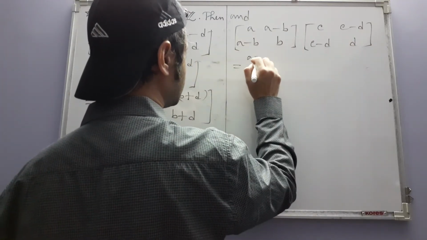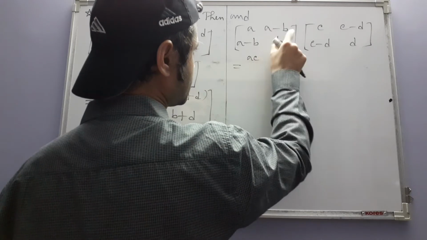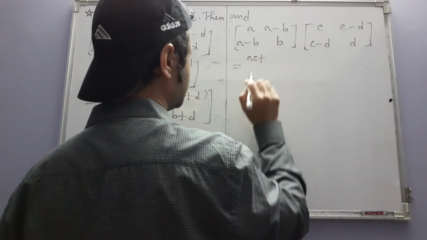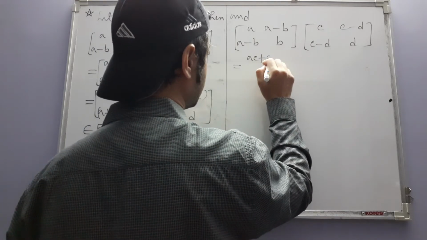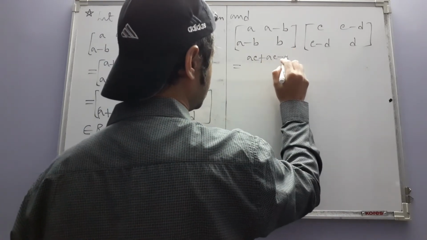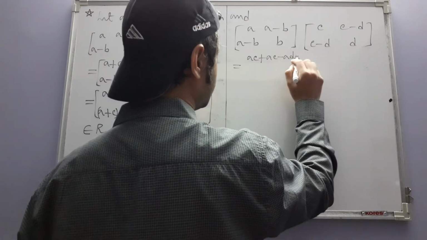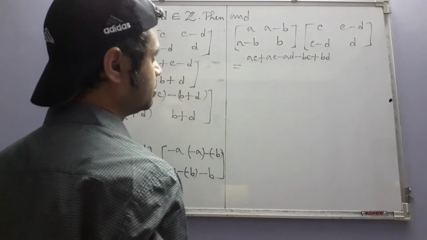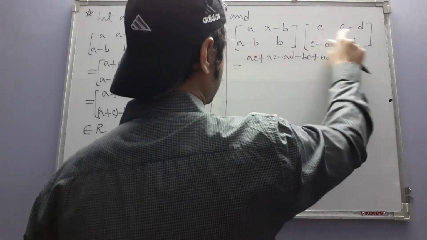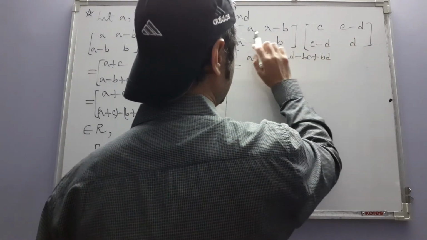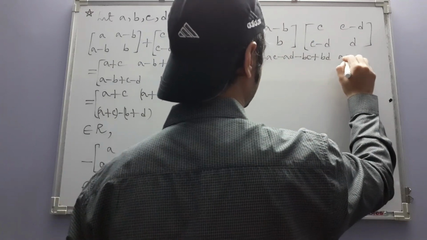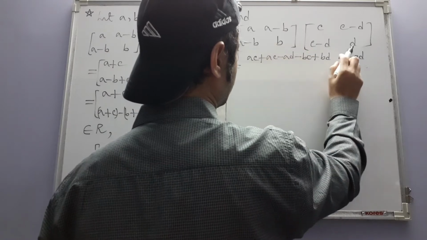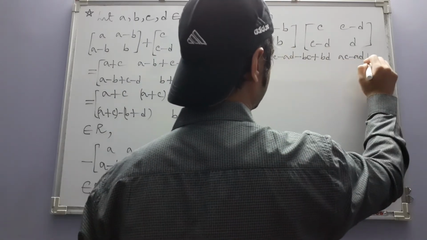AC plus this times this, which I mean we can do the multiplication directly. AC minus AD minus BC plus BD. First row, second column, AC minus AD plus AD minus BD.